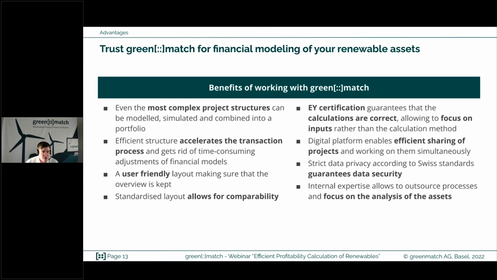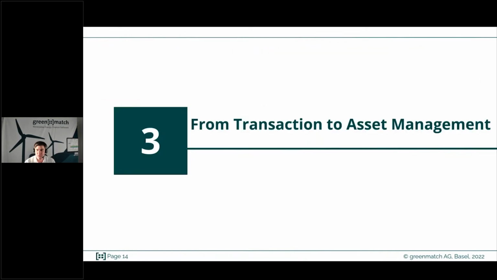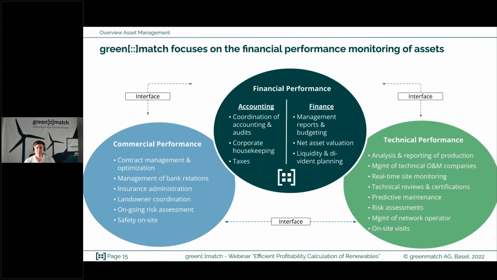Okay, so now to come to the last part before the Q&A, we'll show the use case from transaction to asset management. So yeah, first, we know there are different kinds of performance management. You can check the commercial performance, the technical performance, and also the financial performance.